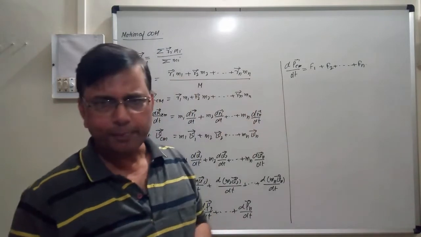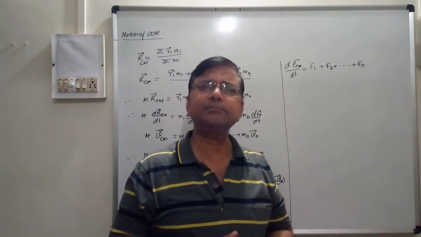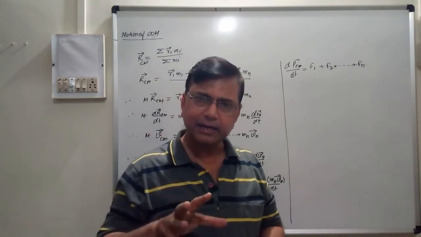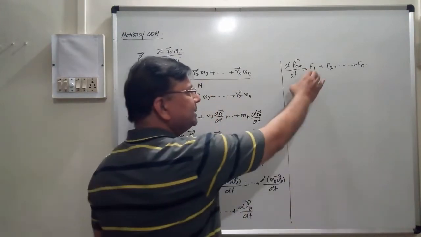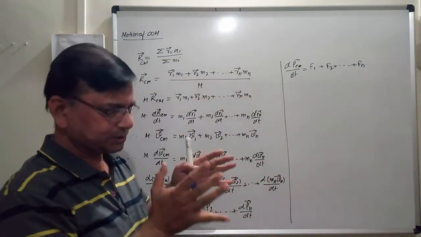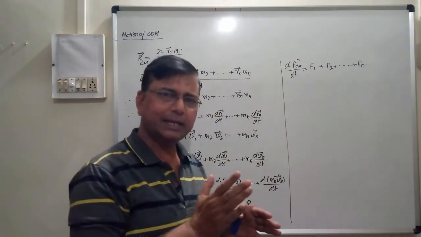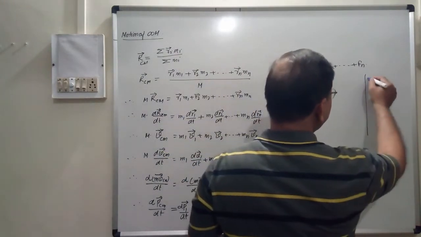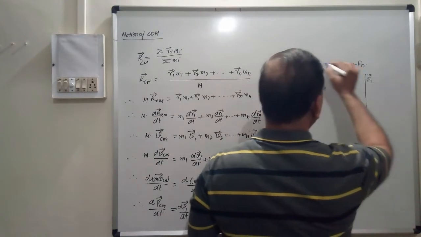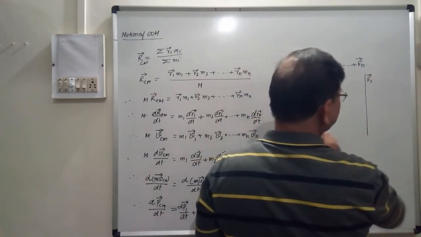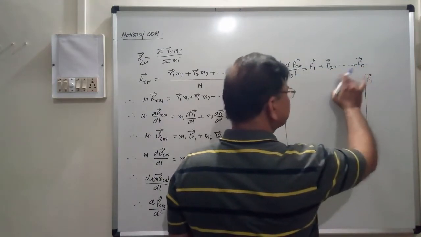So one thing we know, the forces acting on these particles are external forces as well as internal forces. So F1 means force acting on the first particle, total force, external as well as internal forces. Of course these are vectors, not magnitudes, they are vector additions of these forces.